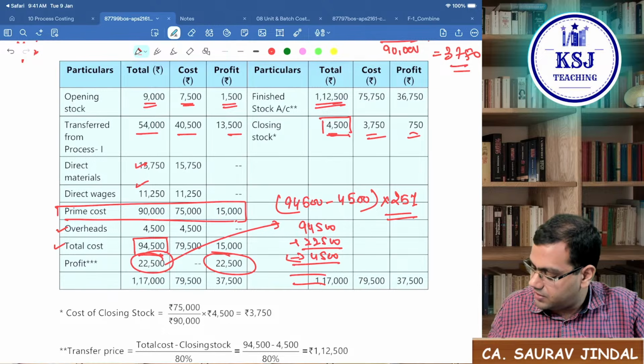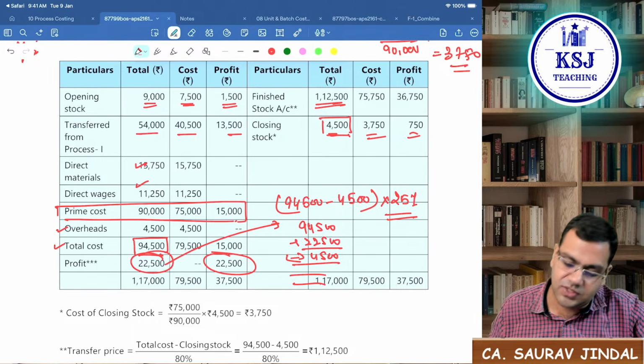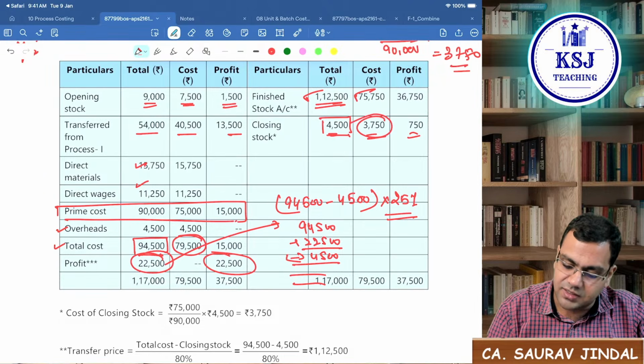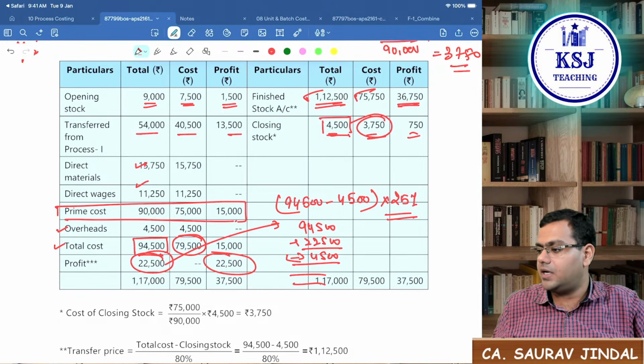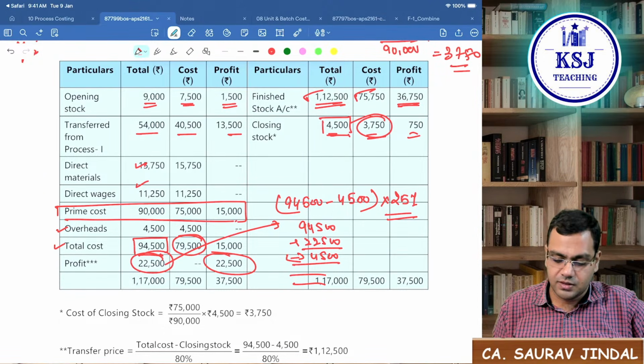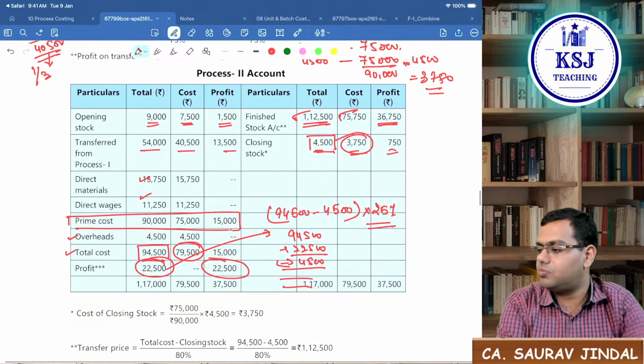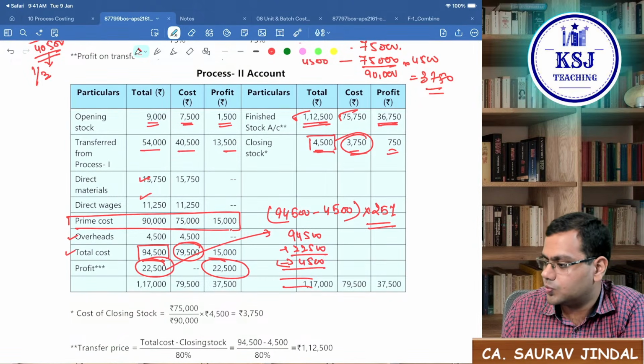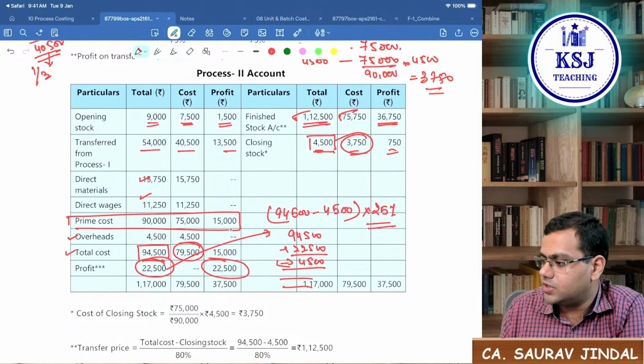In that, cost is 79,500 minus 3,750. Rest is your profit element. Is this clear, guys? Process 2 is clear. Any doubts in process 2?